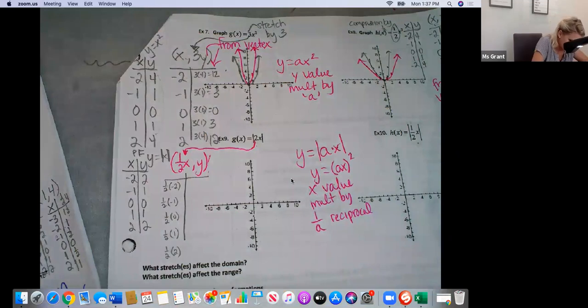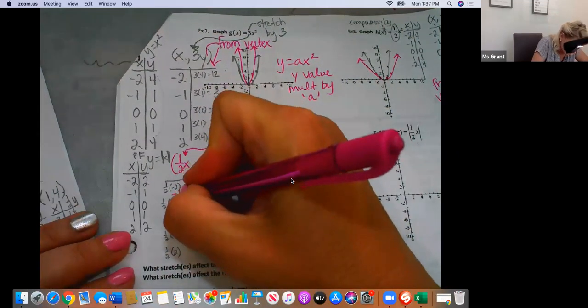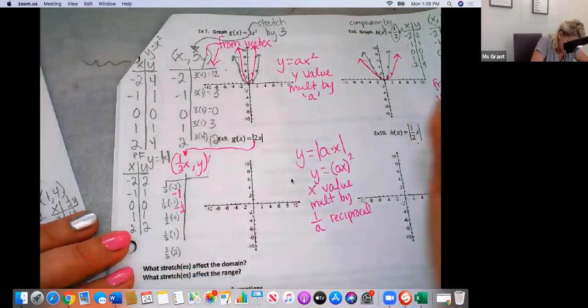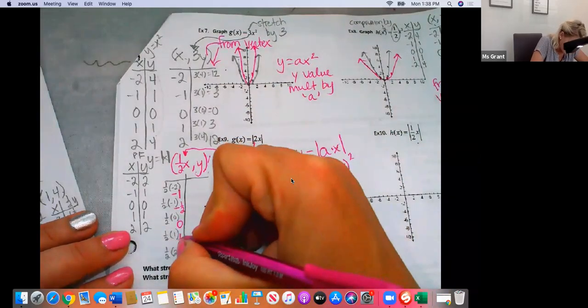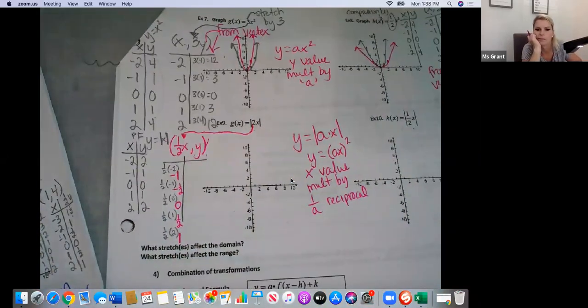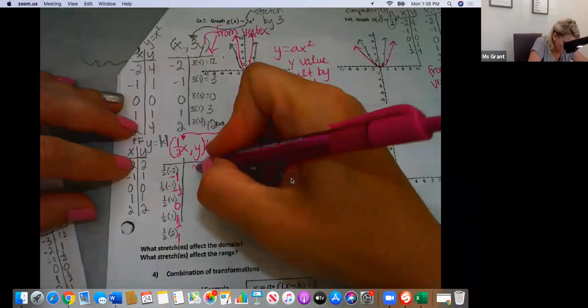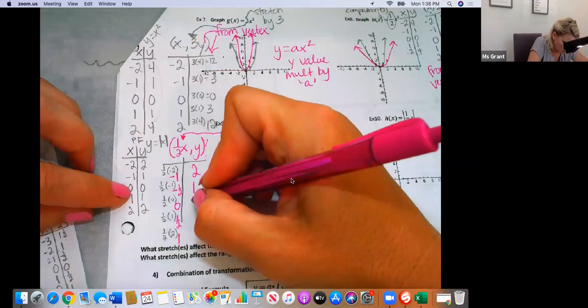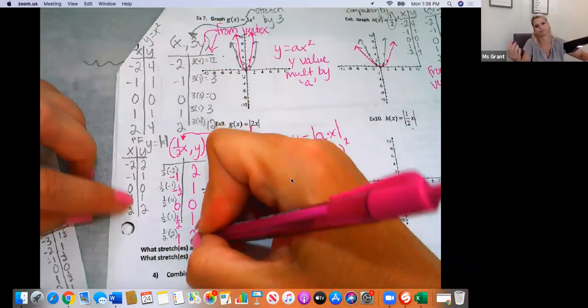Okay. -1, -1/2, 0, 1/2, and 1. So write that down. X value changed, Y value didn't change. 2, 1, 0, 1, 2. Okay.